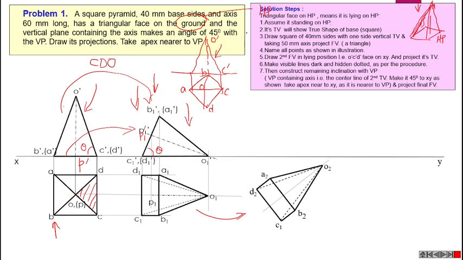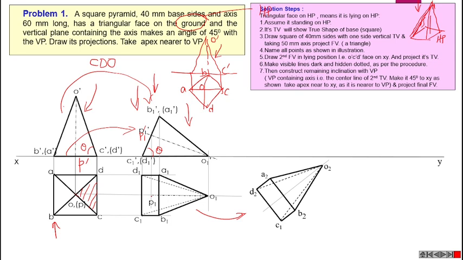Then the second condition is that the vertical plane containing the axis makes an angle of 45 degree with VP. That is the condition. Here, the vertical plane in top view we can see as a straight line.